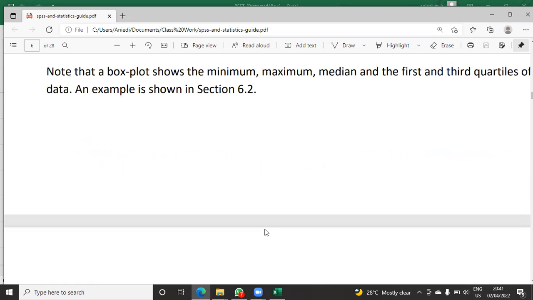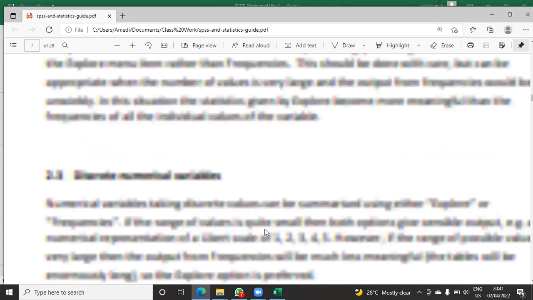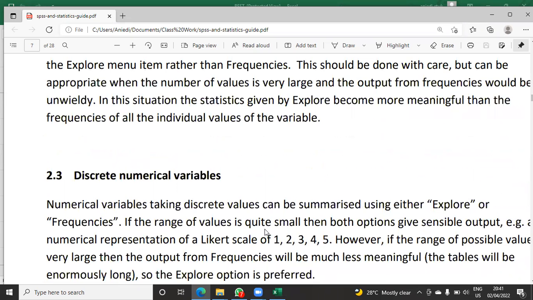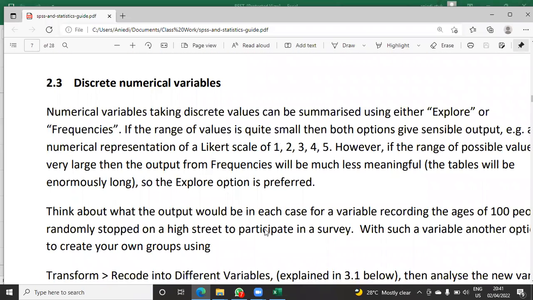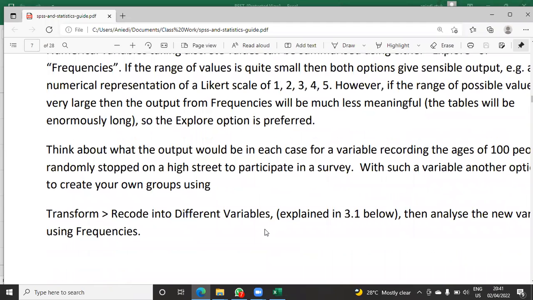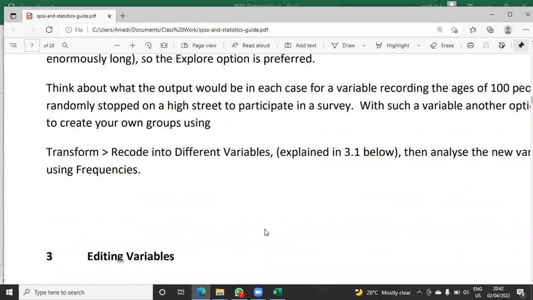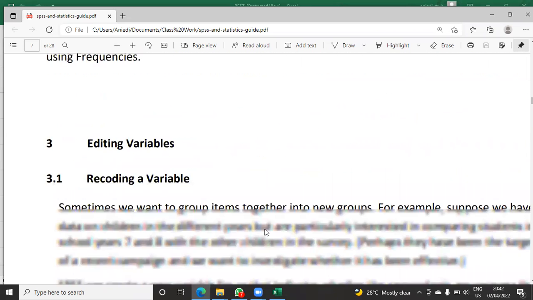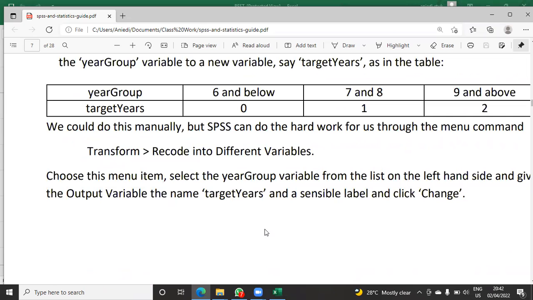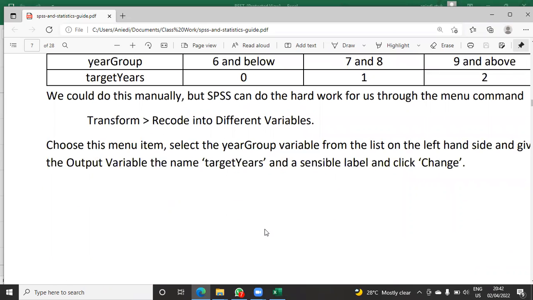There's something else I intend to explain to us before we even hope to do any practical. But let's just go through these notes. The reason I'm skipping some of these things is because they have to do with SPSS.